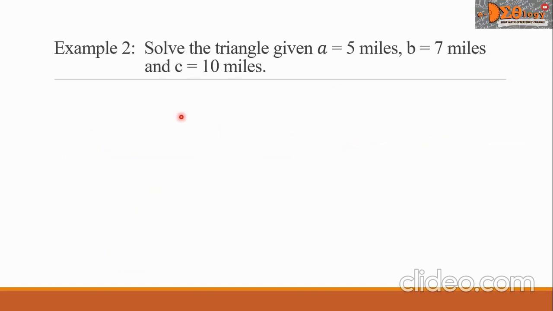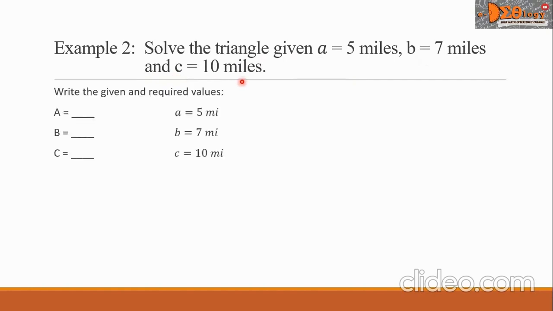Let us have example 2. Solve the triangle given side A equals 5 miles, side B equals 7 miles, and side C equals 10 miles. Let us write the given and required values.